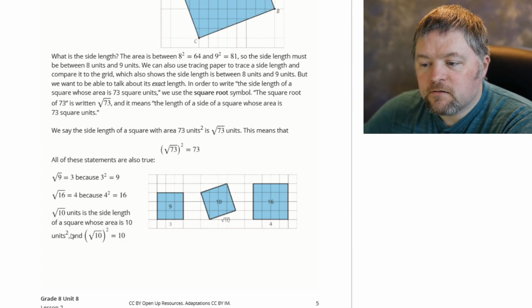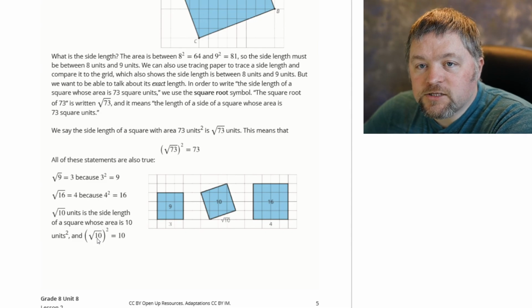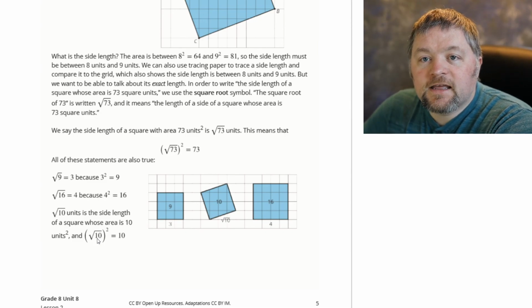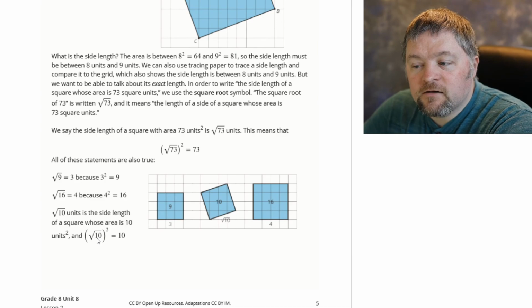Squaring and square root are inverse operations. Much like adding and subtracting cancel out, multiplying and dividing cancel out, squaring and square rooting will cancel out. The square root of 10 squared will be 10.